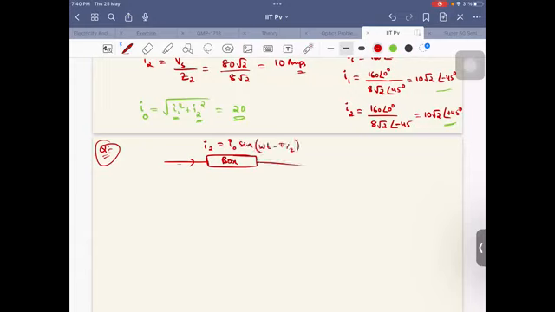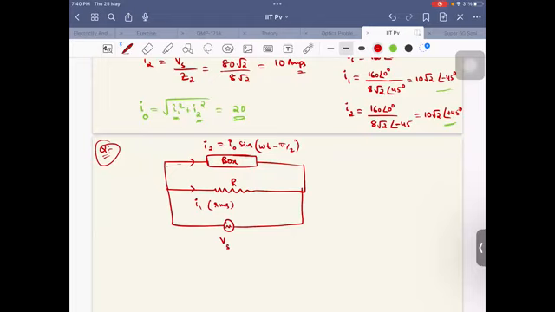And here there is a resistor, through which I1, the RMS current, is flowing. The resistance is R, connected to a voltage source V naught sine omega t. Now they're telling that for the shown AC circuit, the power factor of the circuit is root 3 by 2.